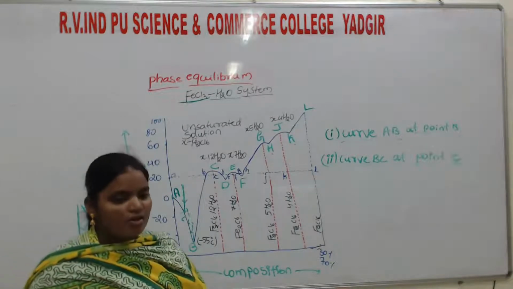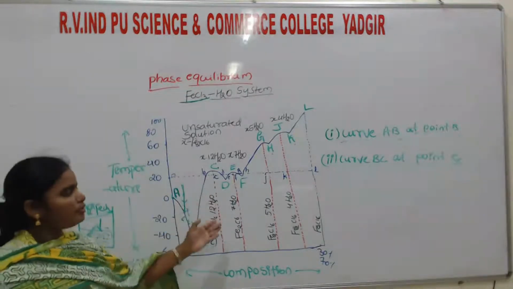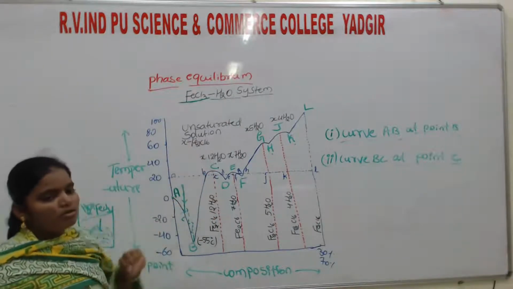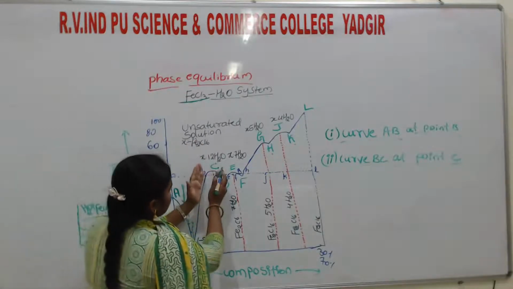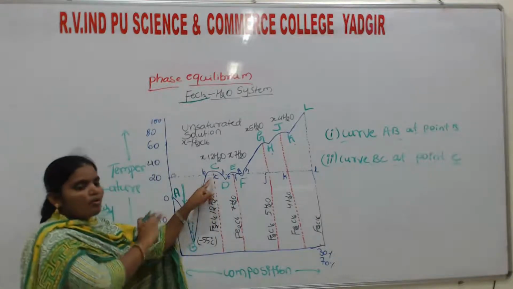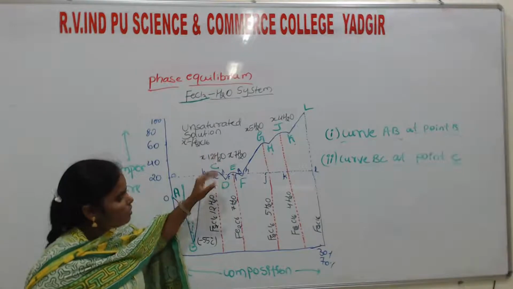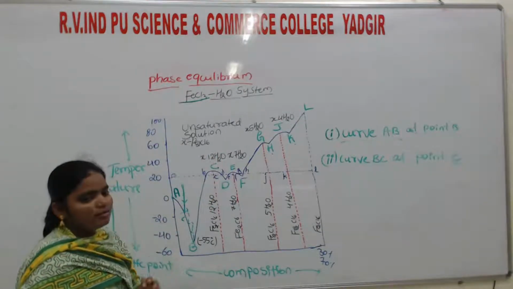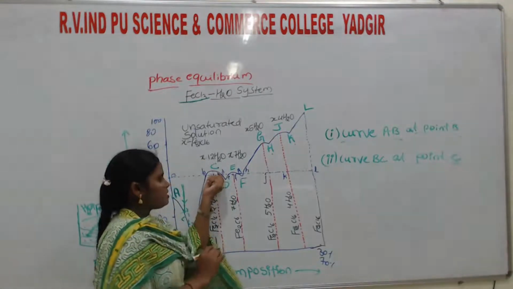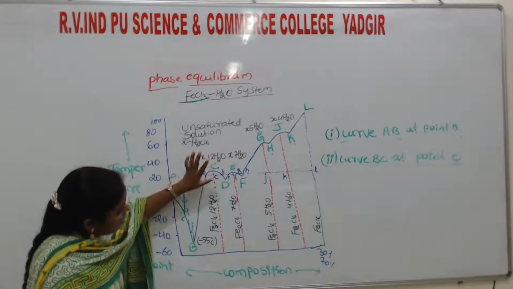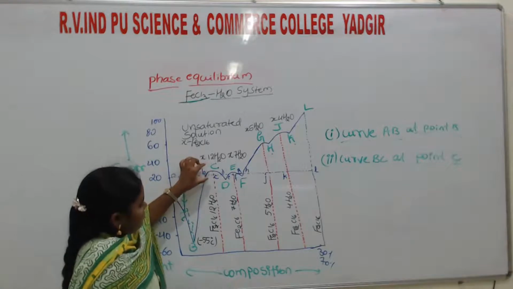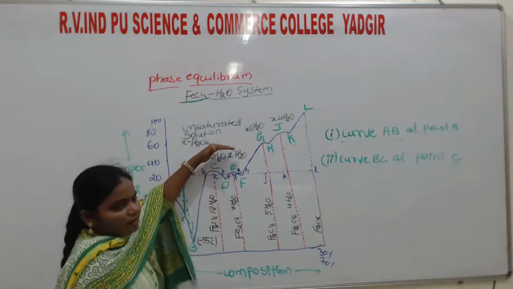Do you know what a congruent melting point is? At the same composition, it suddenly changes from liquid state to solid state. When this C point comes lower, the whole solution converts into a solid phase. Above the line, even 1 degree Celsius higher, the composition is the same and the temperature is the same, just a fraction different, and the whole liquid is converted.